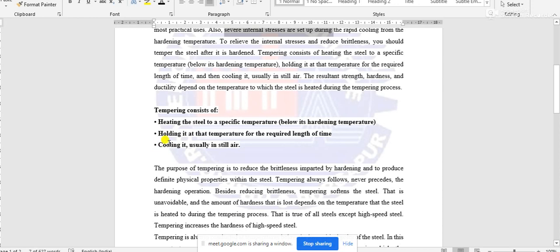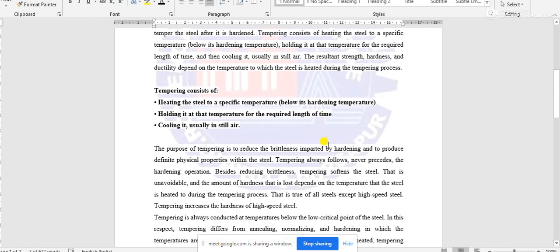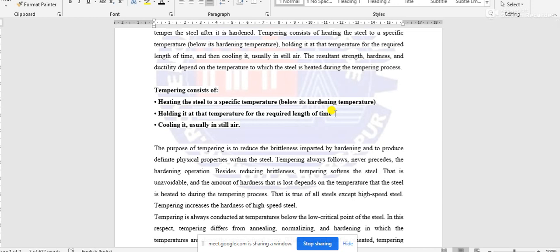Second step is holding the steel at that temperature for a required length of time, and the tempering process is longer than the hardening. We discussed in the previous class that after making the steel hot, we cool it rapidly in the hardening process.